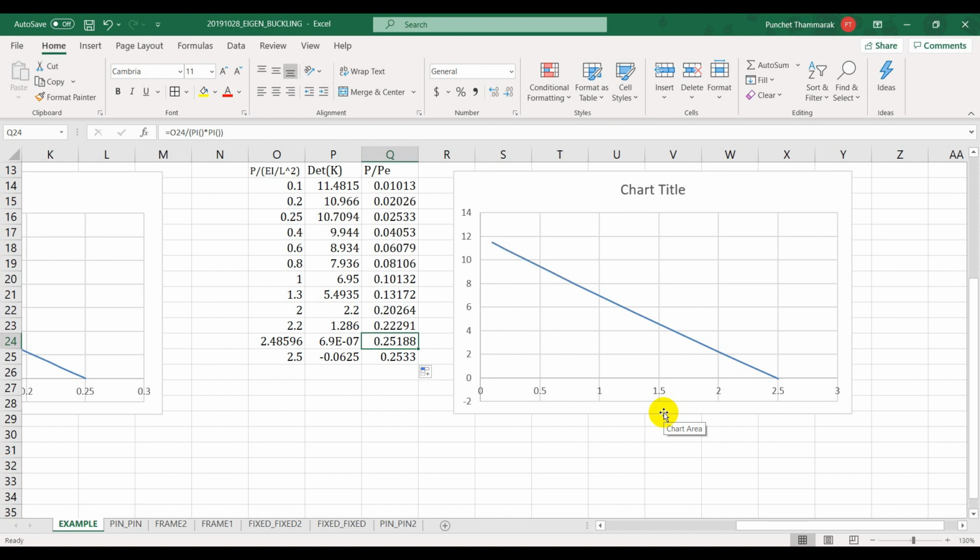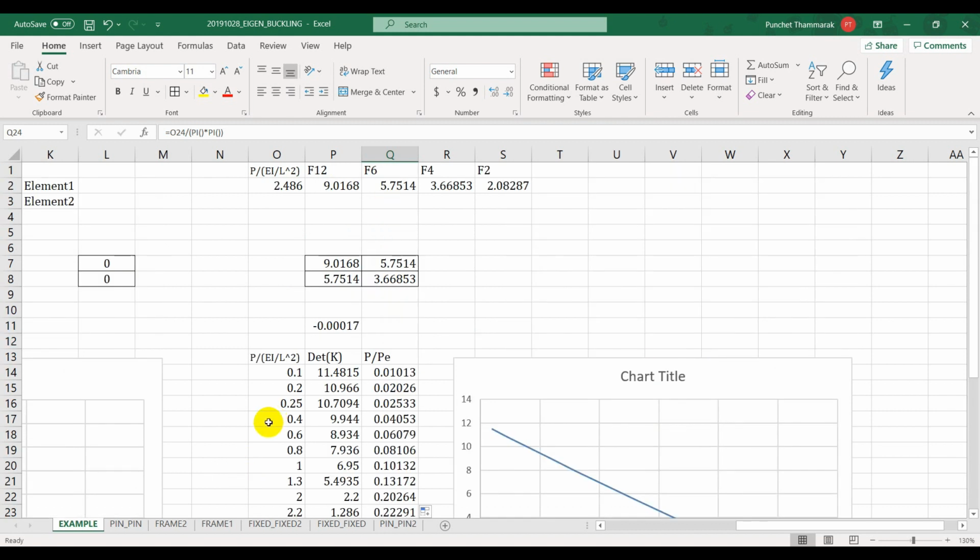You will not push yourself close to this value because buckling is a kind of brittle failure and there is no sign. Once you reach the bifurcation point, your structure just comes down. You don't need to run.